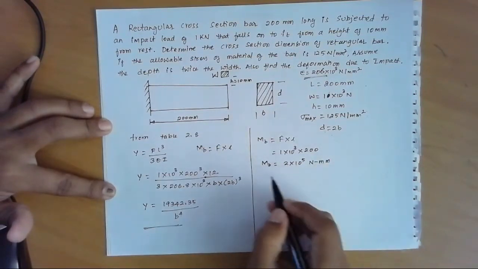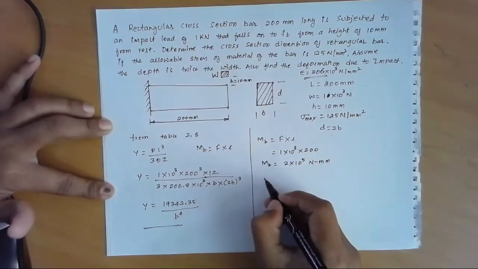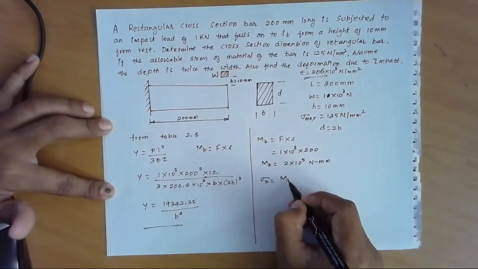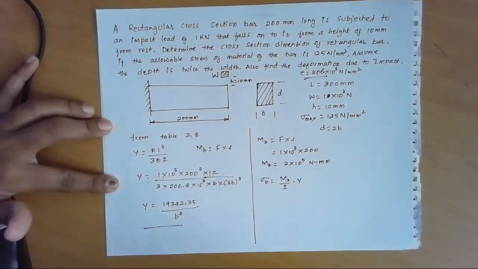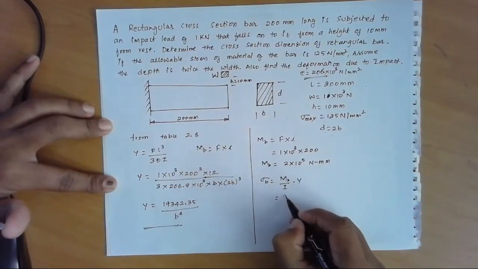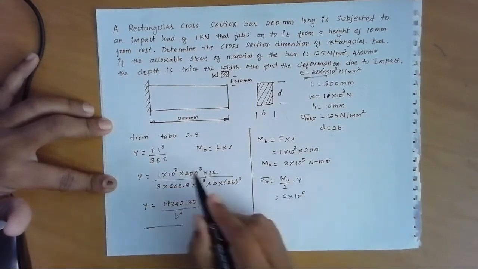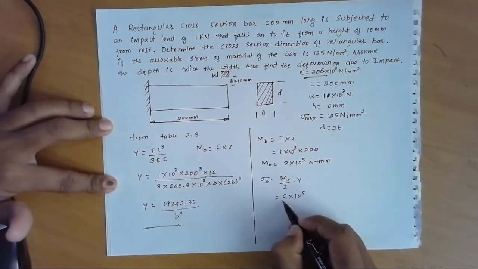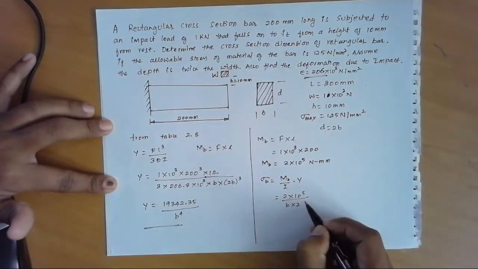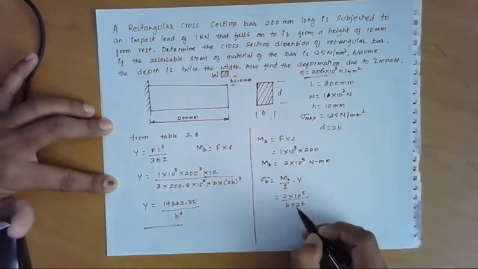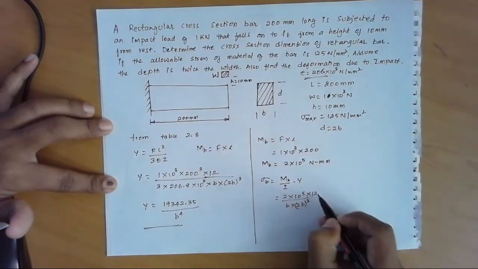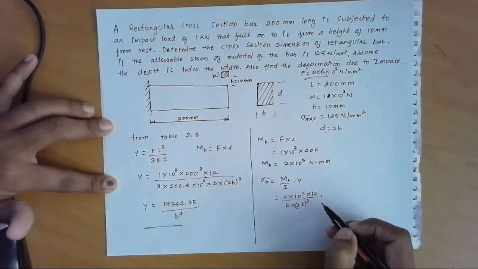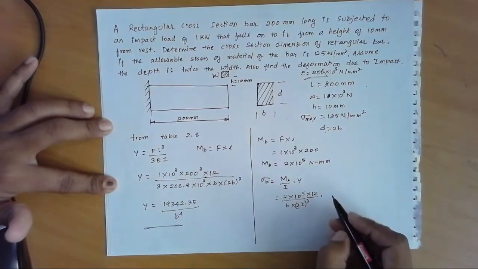Now let us find out sigma B. Bending stress sigma B is equal to MB by I into Y. MB is 2 into 10 power 5. I, for a rectangular cross section, is BD cube by 12, so B into 2B cube divided by 12. We can take this into the numerator. Again Y is nothing but D by 2, so Y is nothing but B, so we can take that value.